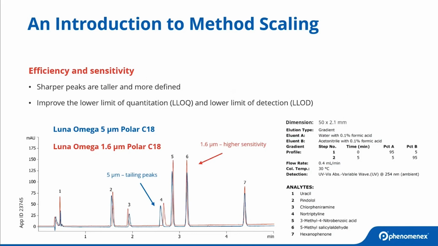And again, it's also important to point out that we are working with the same particle morphology and stationary phase, specifically fully porous particles with a polar C18 phase. And what we see as a result are indeed sharper peaks generated by the smaller particle size. And you can even see how this will be a benefit towards resolution, which we will explore in more depth in just a moment.